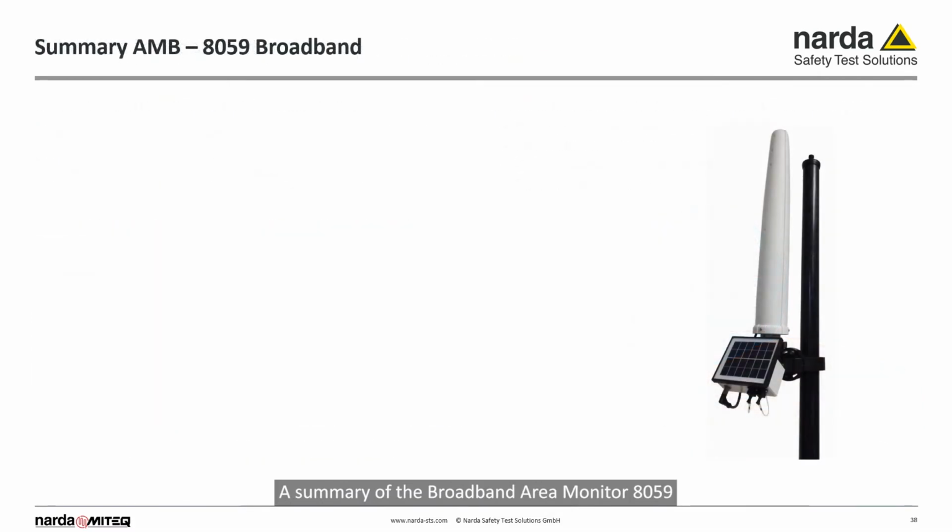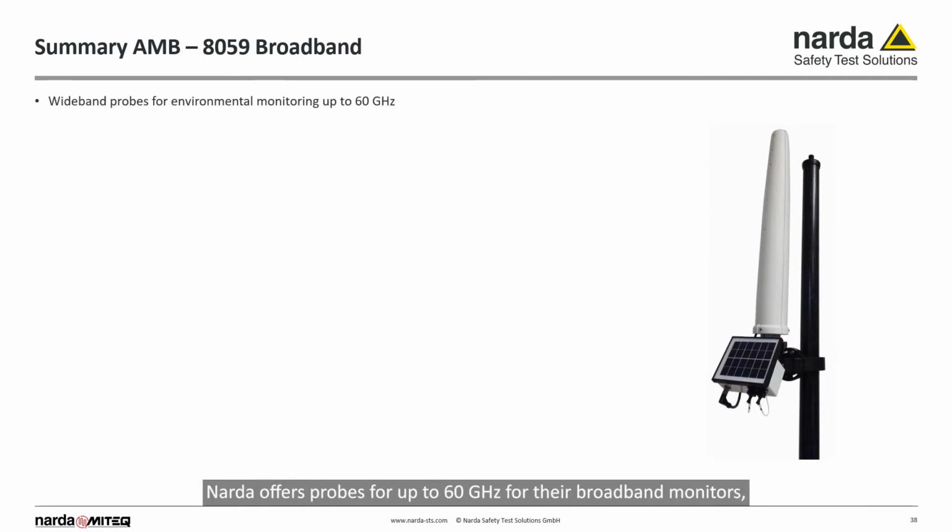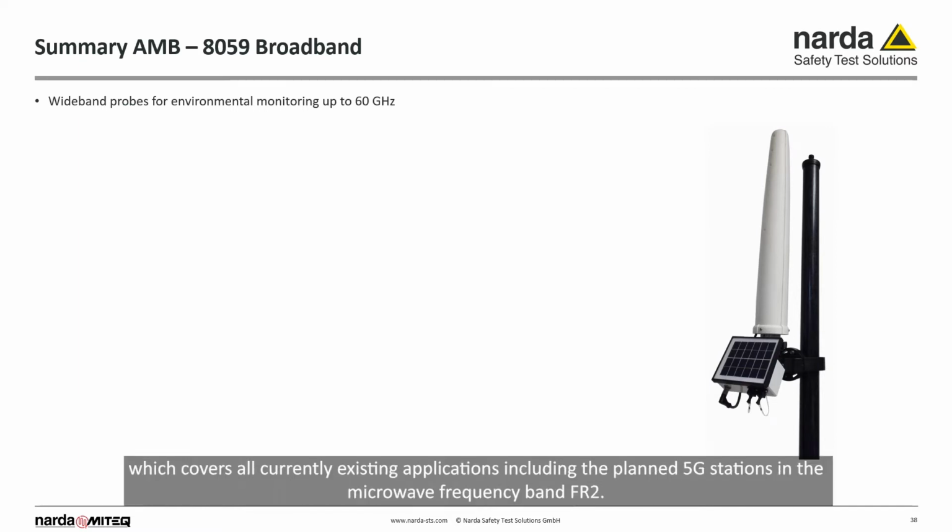A summary of the broadband Area Monitor 8059. Narda offers probes for up to 60 GHz for the broadband monitors, which cover all currently existing applications, including the planned 5G station in the microwave frequency band FR2.